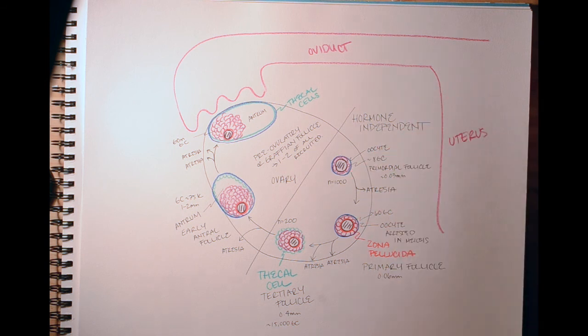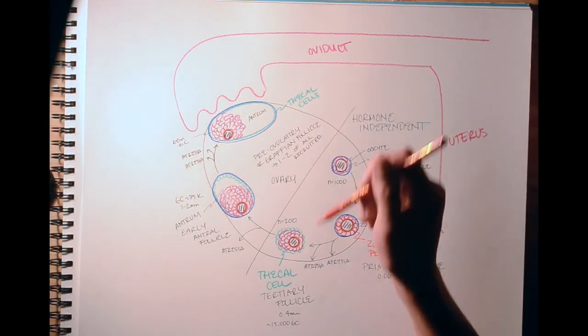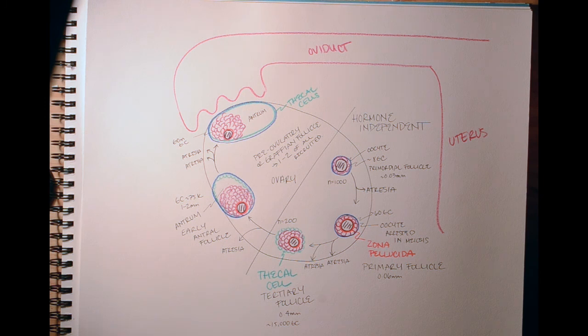That's again going to be a hormone-dependent process, and it's going to rely upon the activity of the thecal cells in particular. But both the thecal cells and the granulosa cells are going to be important for hormone production. So I'd like to spend a few minutes at the end of this lecture just talking about how the thecal cells and the granulosa cells are contributing to hormone production, in particular in the production of estrogen.